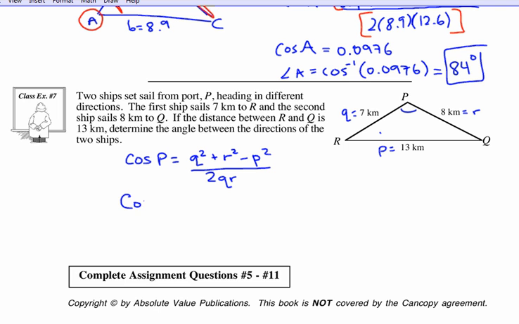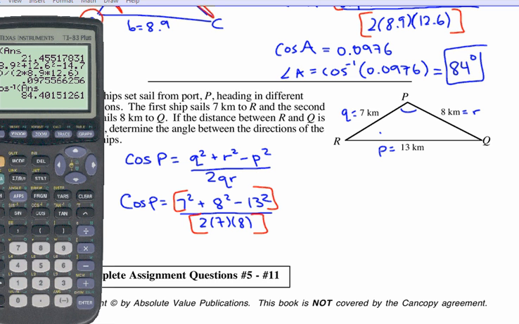Okay, so plugging that in, q was 7, so 7 squared plus 8 squared minus 13 squared over 2 times 7 times 8. Again, you don't want anything to fall off. Whenever we have more than one thing on our numerator or denominator, we have to wrap it in brackets so they don't fall off. Bad math will get ya.